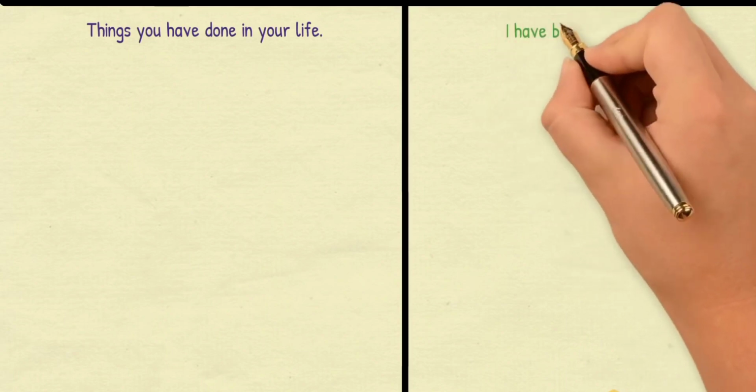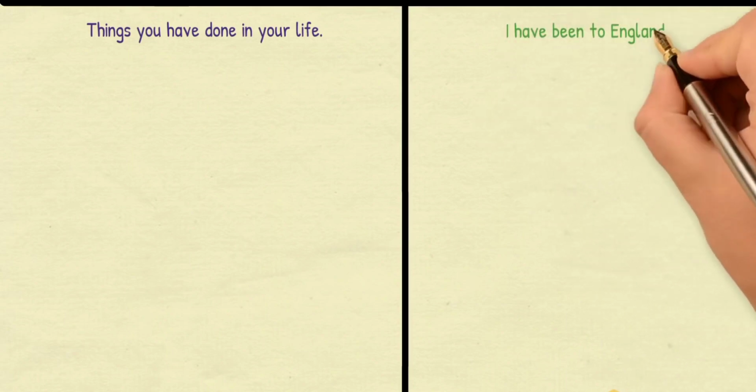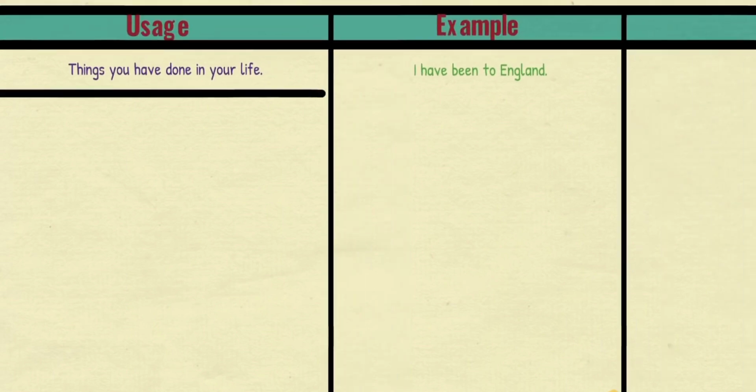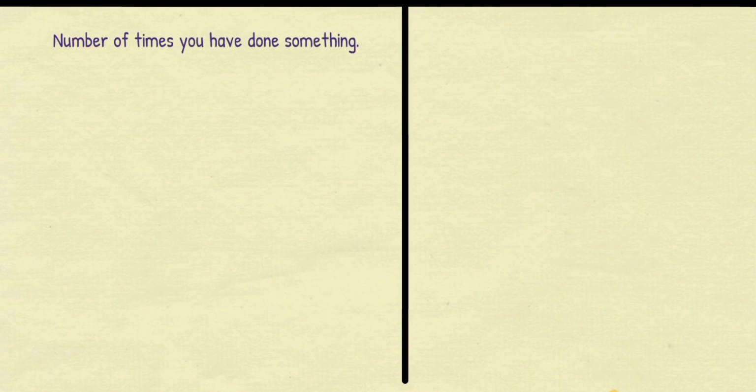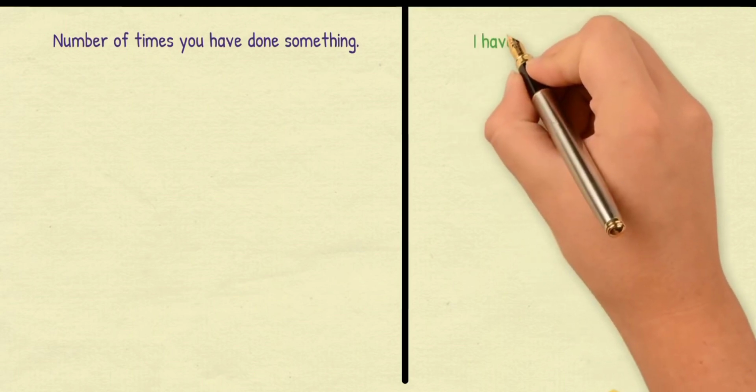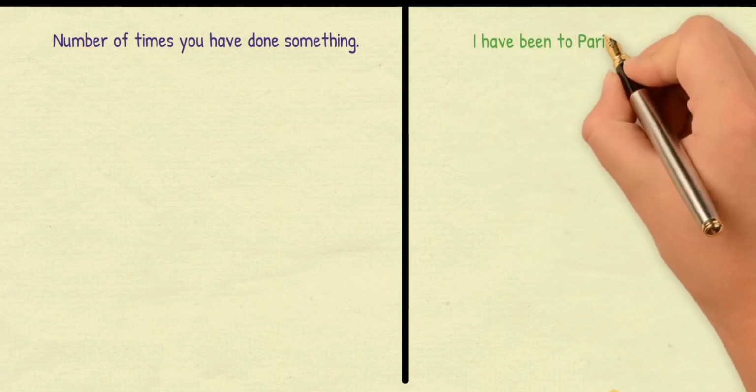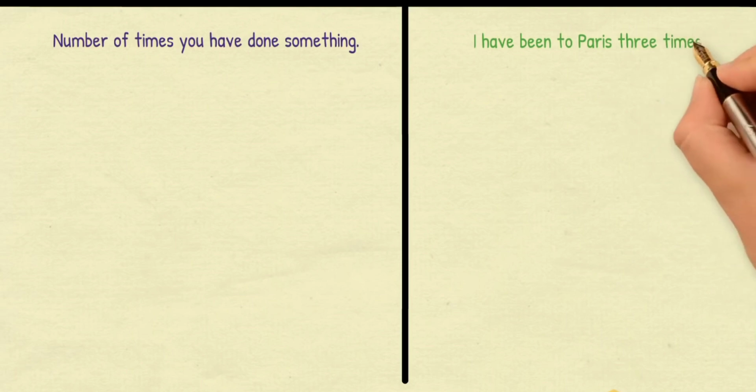Things you have done in your life: I have been to England. Number of times you have done something: I have been to Paris 3 times.